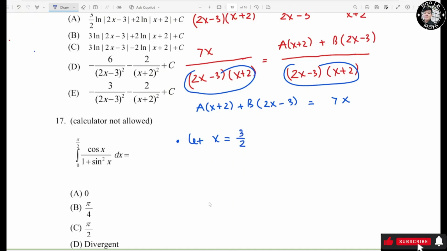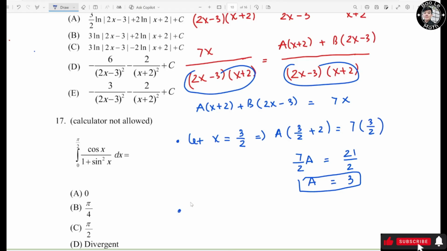So that b is gone, right? So we substitute 3 over 2 for s into this guy, so we have a times 3 over 2 plus 2 equals 7 times 3 over 2. So it's going to be 7 over 2 times a equals 21 over 2. So a equals 3, right?